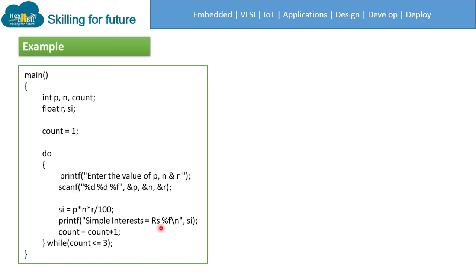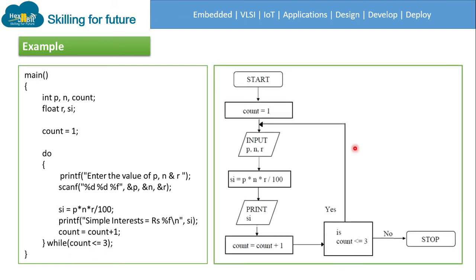Now the simple interest is calculated and printed as output, and the count value is updated. Once the body of the loop is executed, the condition is tested: while count is less than or equal to 3. If this condition is satisfied, the body of the loop is executed again, otherwise it quits the loop. You can see the equivalent flow diagram. The code starts, count is initialized to 1, input is taken from the user, and simple interest is calculated and printed.